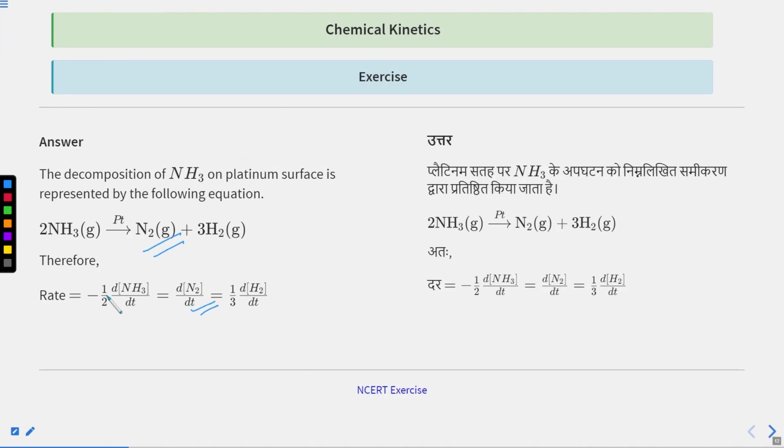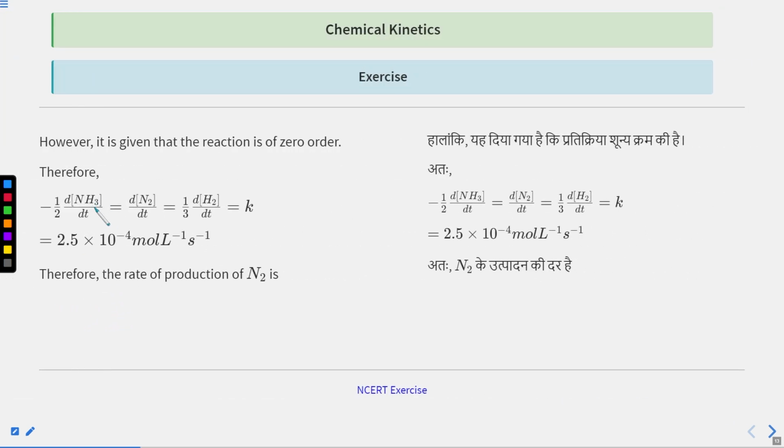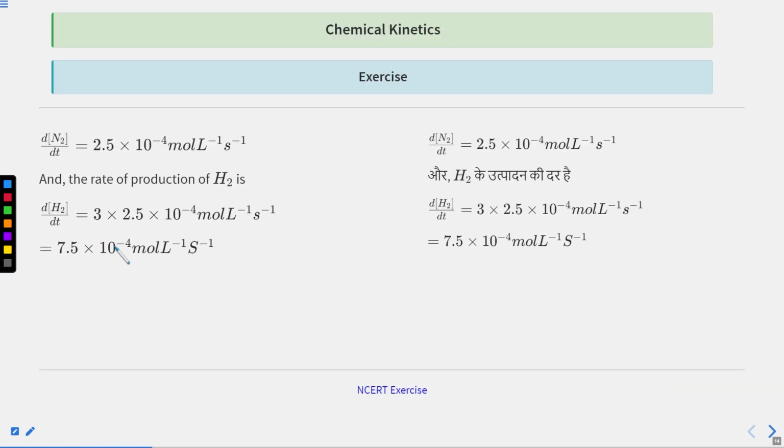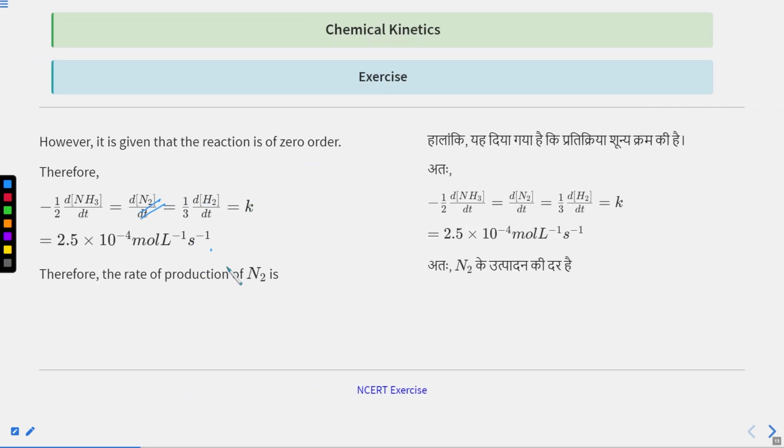Okay, so I've done the same thing. Since we are not interested in this, I have not written it. If you do it with this one, that will give you 7.5, and this is 2.5. Let me have a look at this.